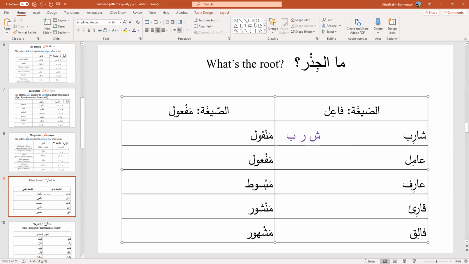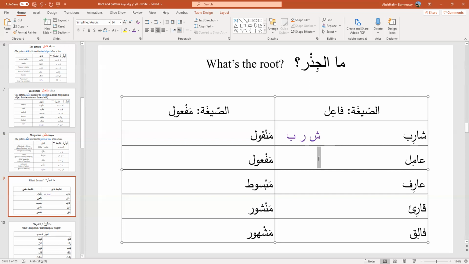Again, sharib is fa'il, that's the pattern. So the fa has the same spot as the first letter of the root, so the first letter of the root will be the shin. The ayn has the spot of the second letter of the root, so the second letter will be the ra. The lam has the spot of the third letter of the root, so the third letter will be the ba. Okay, so it will be sharib.